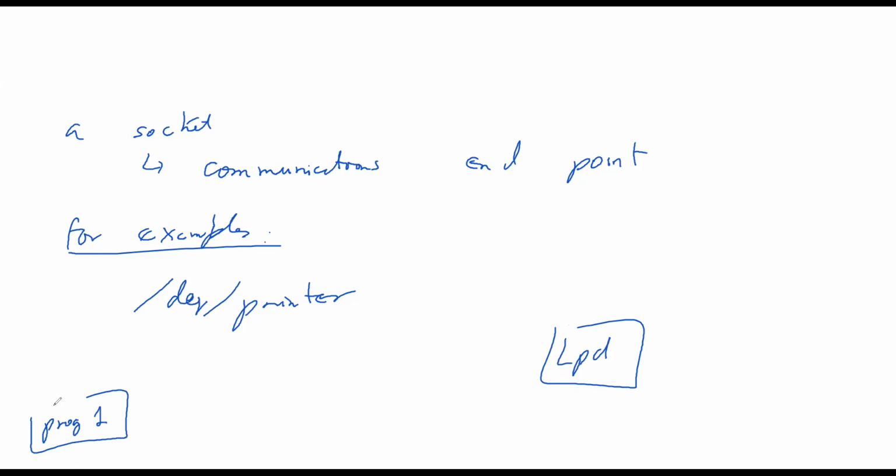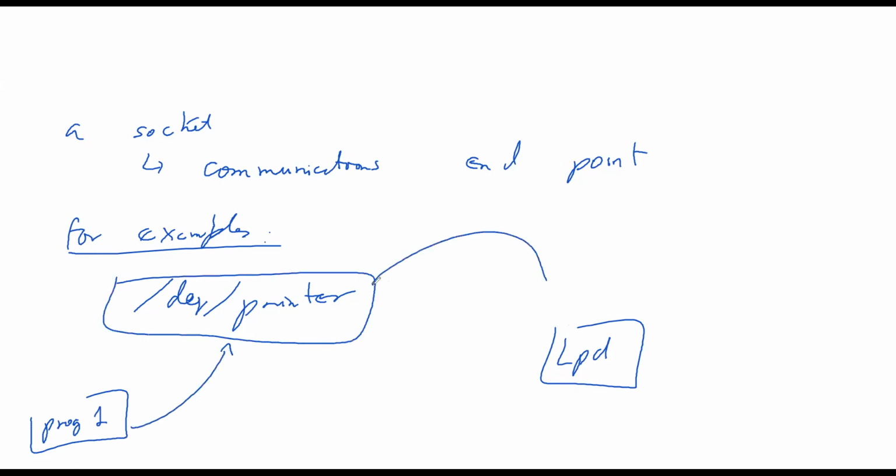The program basically calls dev printer, and then dev printer communicates with the printer itself. So that's another type of file that you have in the system, and it's usually the socket. It's a combination of a port number, some kind of an IP, etc.